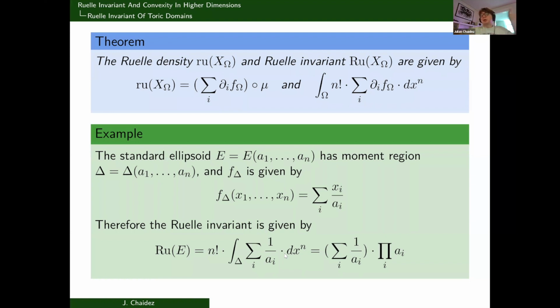So this is a super easy formula. If I give you any star-shaped toric domain that you would see in nature, you would have a pretty reasonable description of its moment region, so this formula allows you to calculate the Ruelle invariant in a really straightforward way.